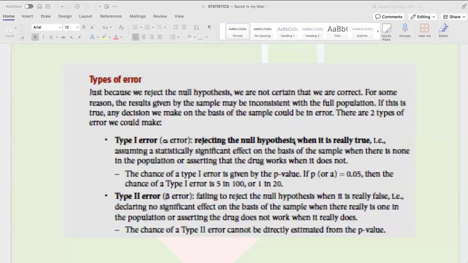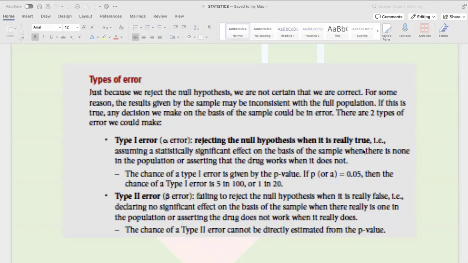So you say that, yes, I have rejected the null hypothesis, and my drug is superior. But then when it was checked, it did not satisfy the p-value, it did not satisfy the criteria. So you thought that you rejected the null hypothesis, but you could not. It means that the null hypothesis was true.